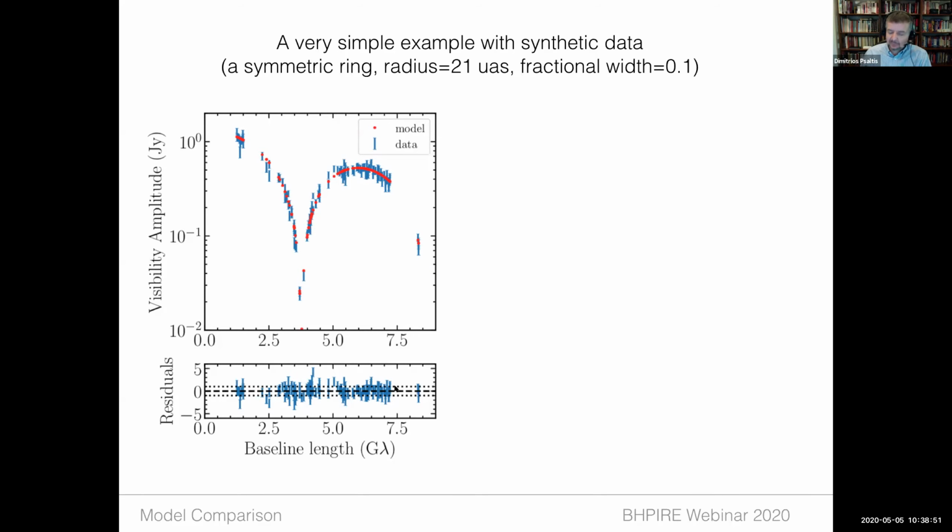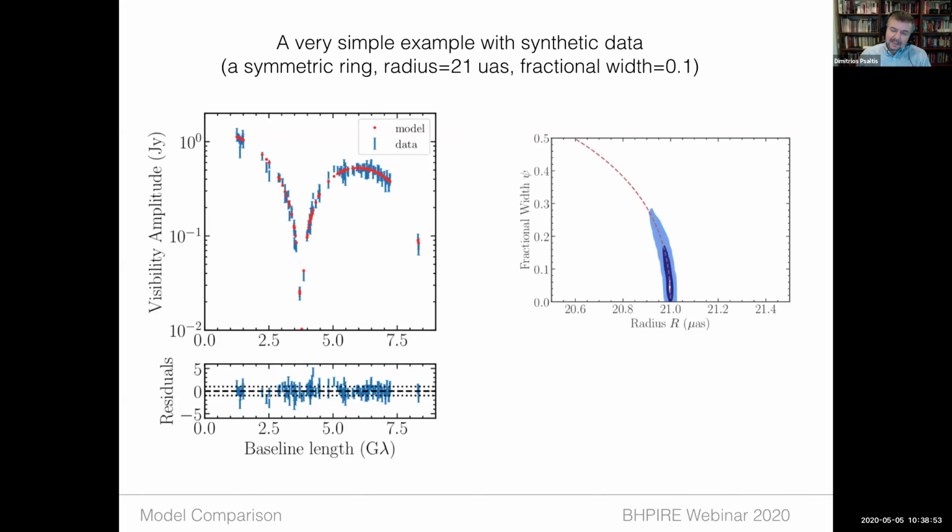So in principle, that works. And what you see here is the posterior, the credible intervals between the radius and the fractional width of the model. The ground truth parameters were 21 microarcseconds and 10% fractional width, which is where my pointer is right now.